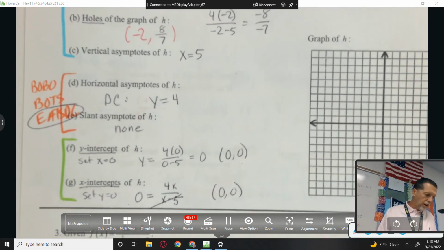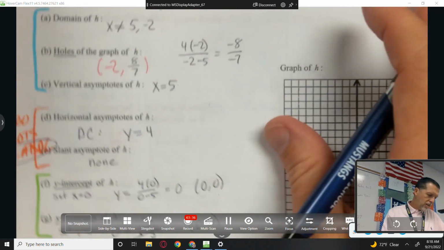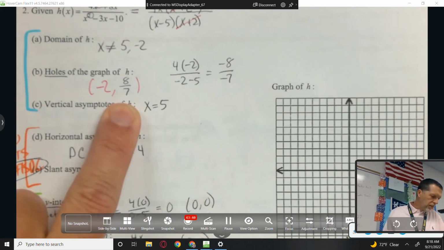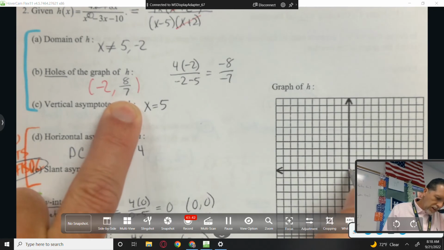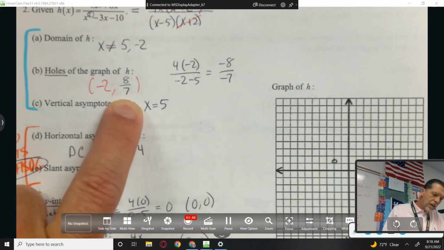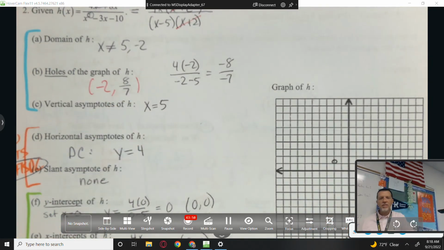All right, now we got to put all that on the graph. So domain doesn't really go on the graph. A hole does at negative 2, 8/7. 8/7 is just a little more than 1, so as best you can, make it just a little more than 1.